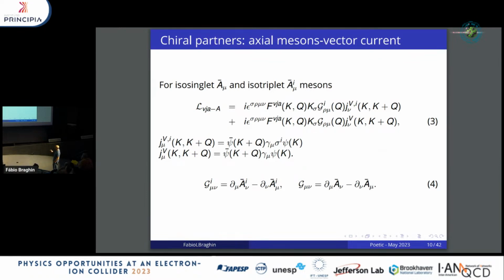So by dealing with all the flavor channels of the quark-antiquark state, we also have axial isosinglet and isotriplet axial mesons, and then we have the chiral partners to the vector mesons, but also the corresponding couplings or form factors of axial mesons coupling to the vector current.